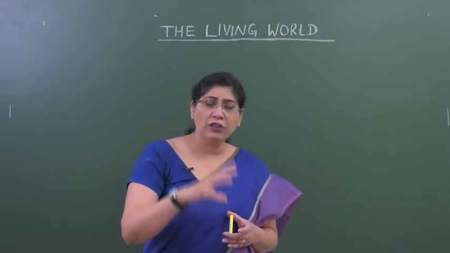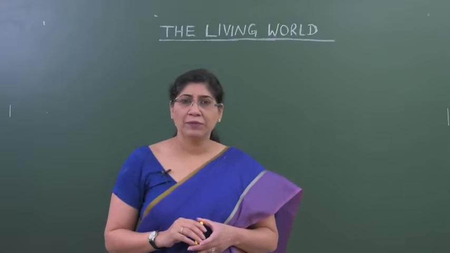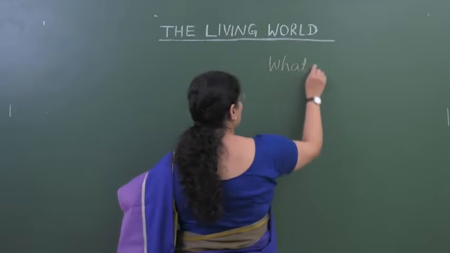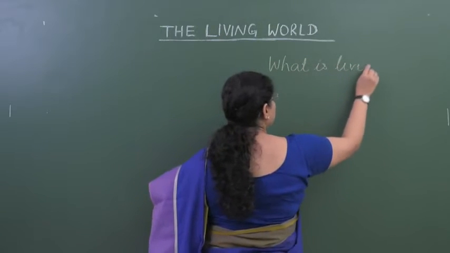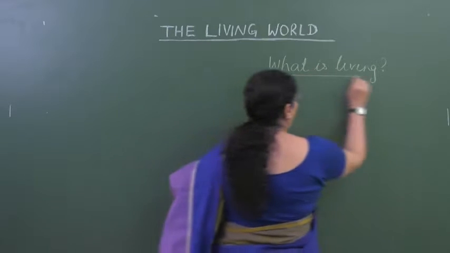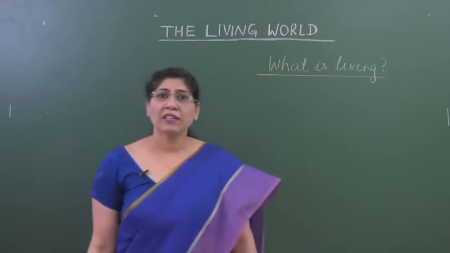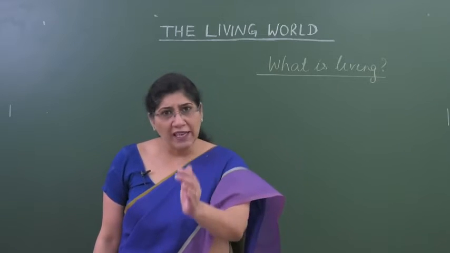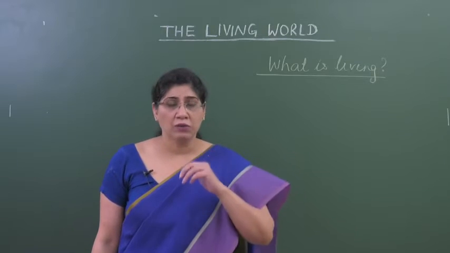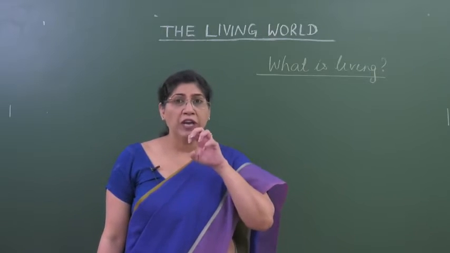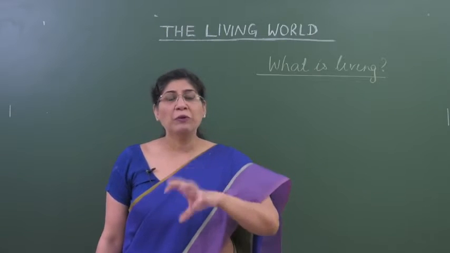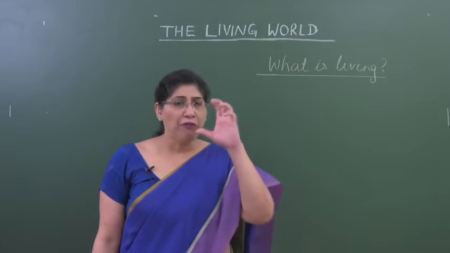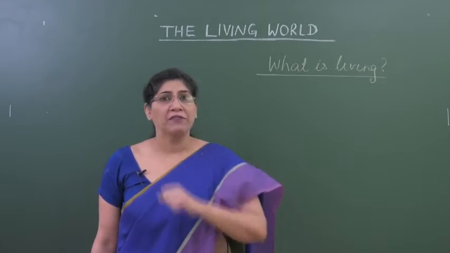Now before I actually start with living organisms, I want to ask a question. What is living? पहले मैं डिस्टिंग्विश करना चाहती हूँ कि लिविंग और नॉन लिविंग में फ़र्क क्या है. मैं किसे लिविंग कहूँ, किसे लिविंग ना कहूँ. जब मुझे ये आइडेंटिफाई हो जाएगा कि लिविंग क्या है, तो मैं उसे क्लासिफाई, नेम, कैटेगराइज, स्टडी कर सकती हूँ. तो फर्स्ट थिंग इज टू आइडेंटिफाई व्हाट इज लिविंग.